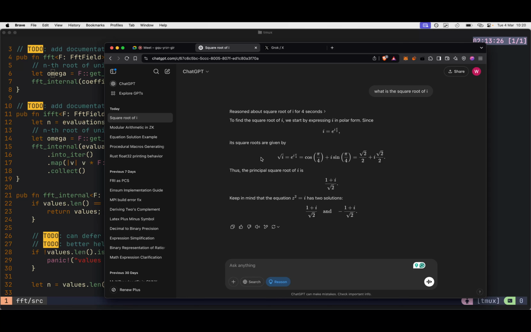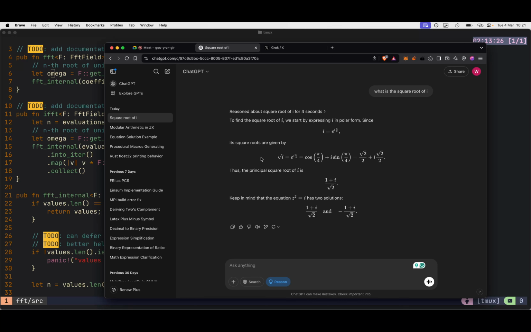What is the size of n? The n is the size of the codeword, so the message times the blowup factor is what gives you n. But it has to be a power of 2. Yeah, it has to be a power of 2.